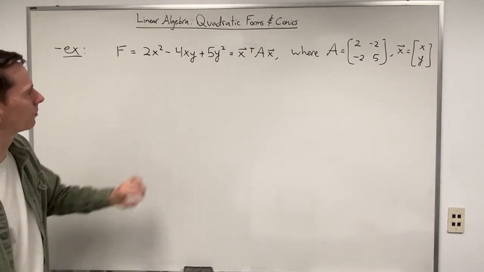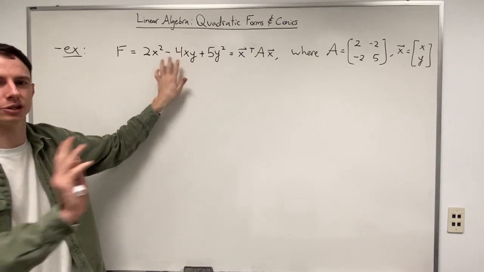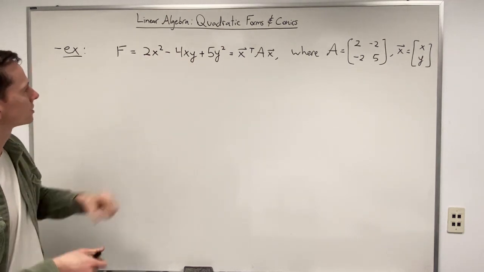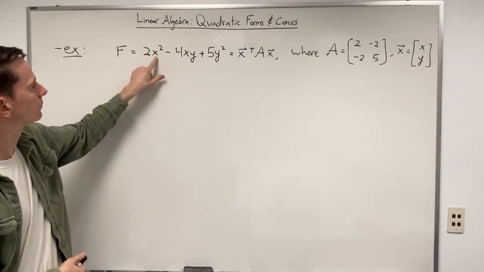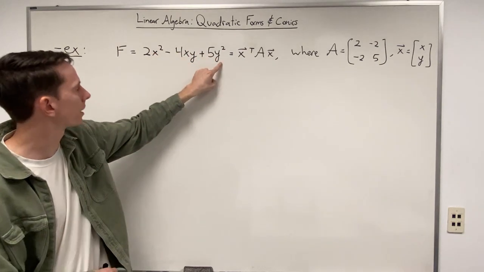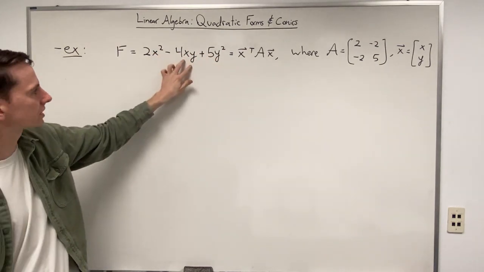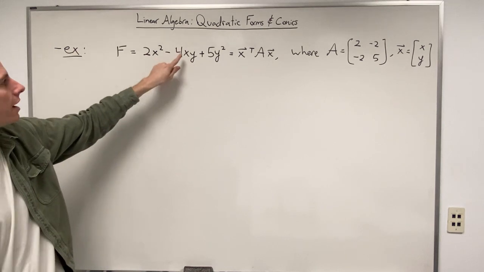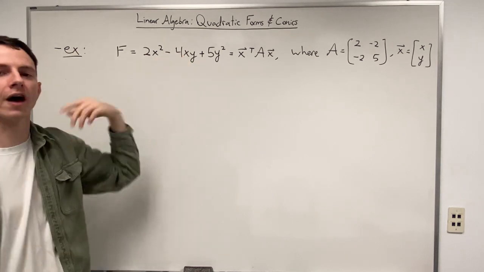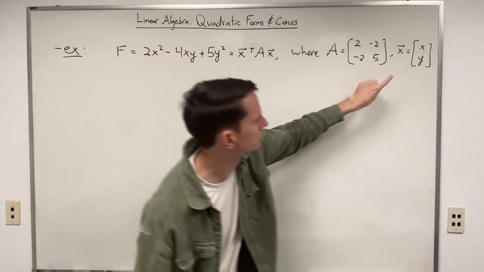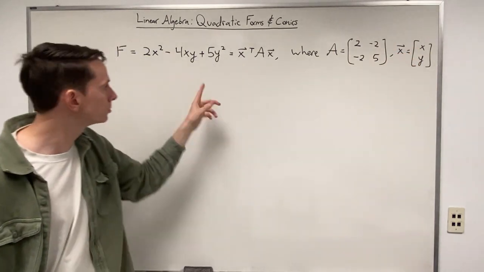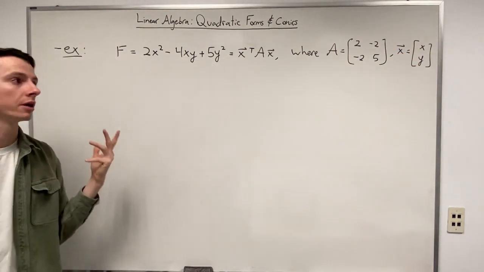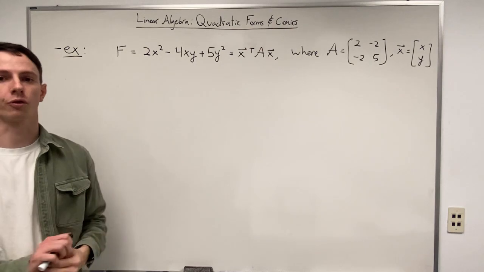Just one quick thing I want to mention is this term, just to make sure that we're clear about this. I have two factors of x here, two factors of y here, but I'm allowed to have these mixed factor terms as long as I have two total factors of elements coming from the vector. Those types of terms are allowed in a quadratic form.